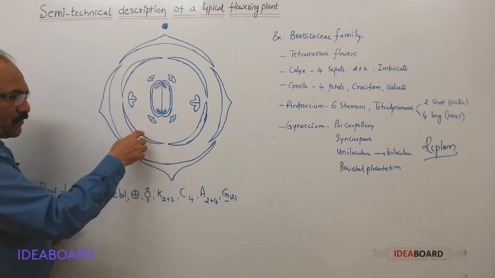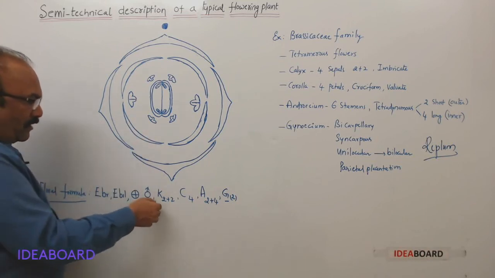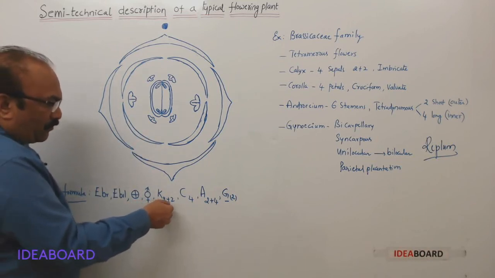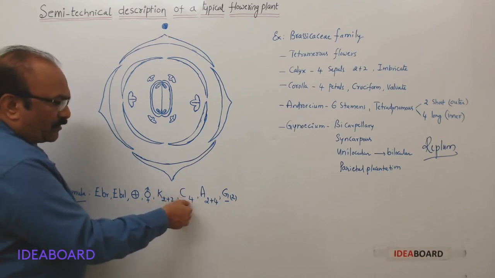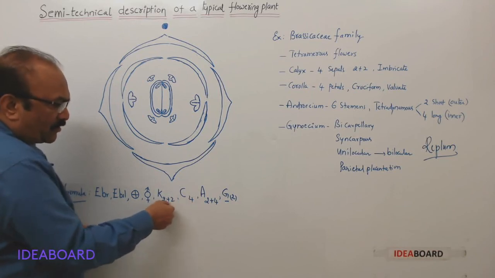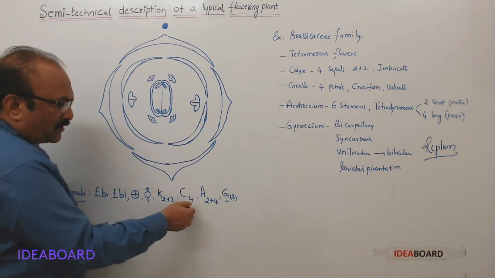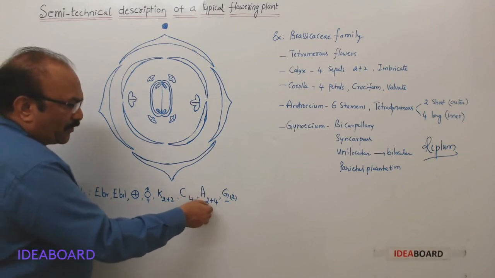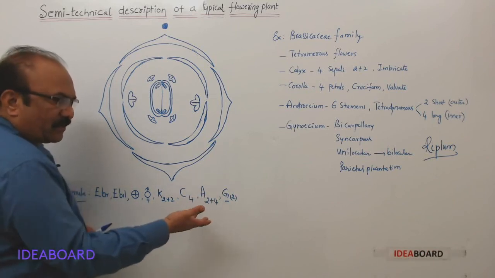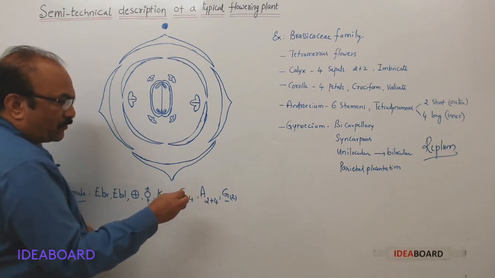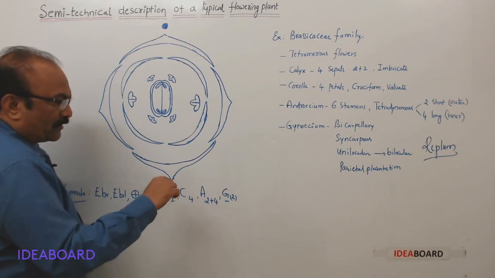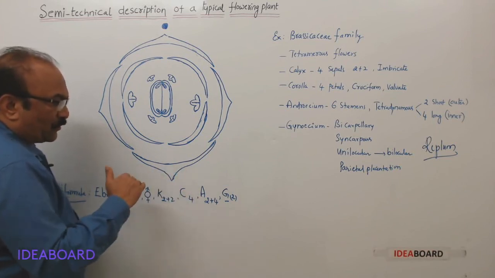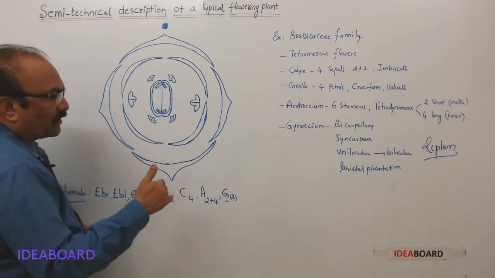Okay, both androecium and gynoecium are there, and the calyx 4 but arranged in two whorls, 2 plus 2, and corolla 4 free, that means polypetalous, and these are also free, so polysepalous, and androecium 2 plus 4 free, but remember one thing, it should be 2 plus 4, not 4 plus 2. Okay, why? The 2 are in the outer whorl and 4 are in the inner whorl.